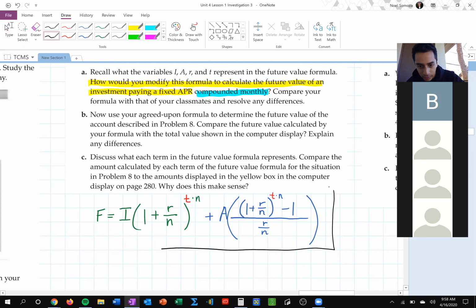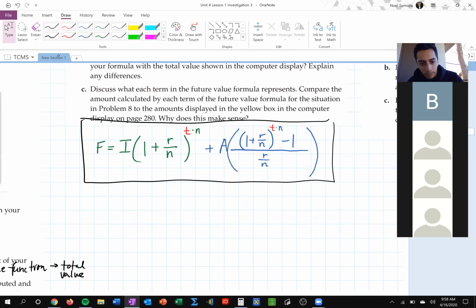So let me just kind of give you an example, right? Let's say we wanted to find out what would the final value be if we had an initial amount of, let's say, 400, a recurring deposit of 250. We had an interest rate of 3%, but it's compounded, let's say, quarterly.